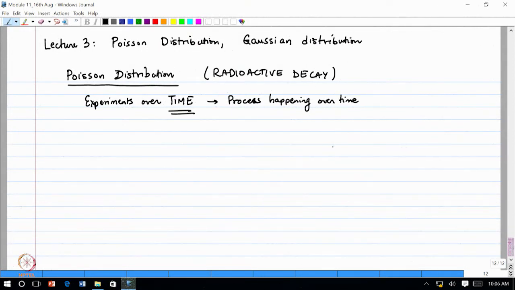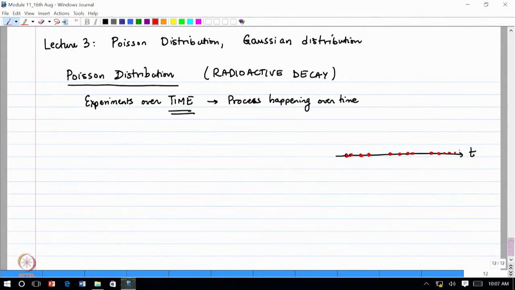Now you look at these processes over time, and you might have one happening here, another one here, the next one here, and so on. Let me show this in red. Each of these corresponds to one of these processes happening.